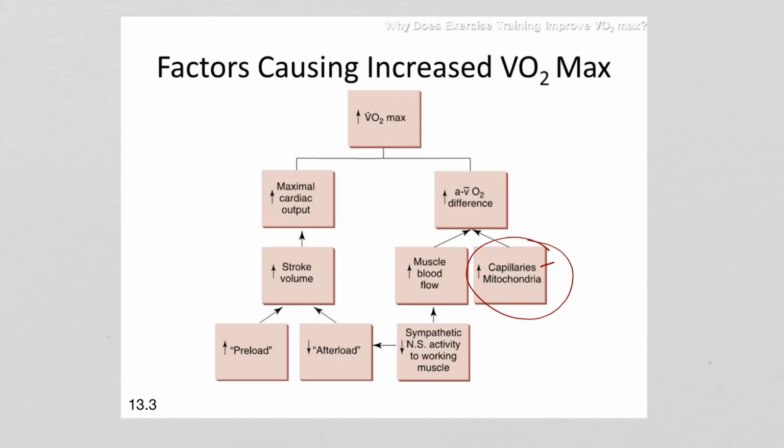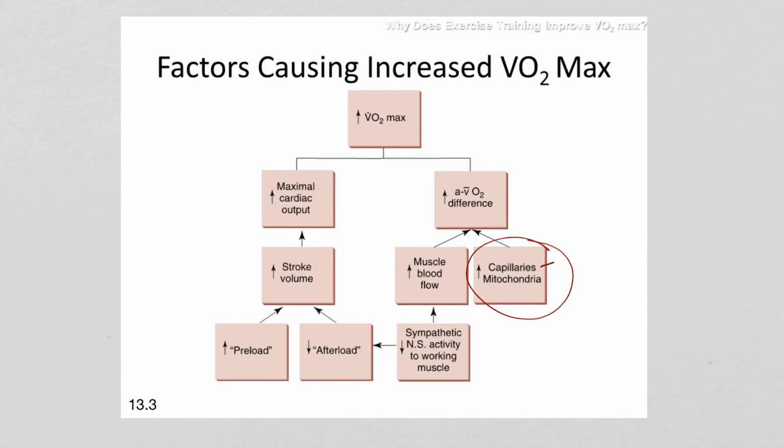This has several important effects. The first one is that now the muscle fibers are surrounded by more capillaries, which means that the distance from capillary to mitochondria is less for the diffusion of oxygen, so it decreases the diffusion distance.